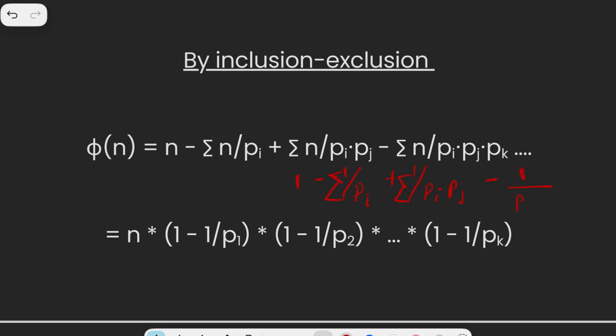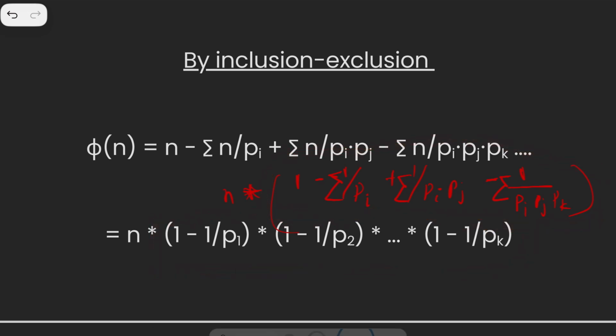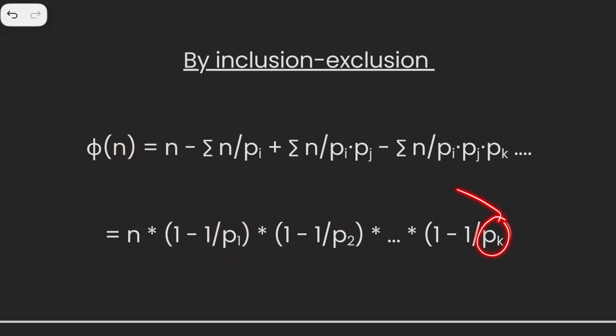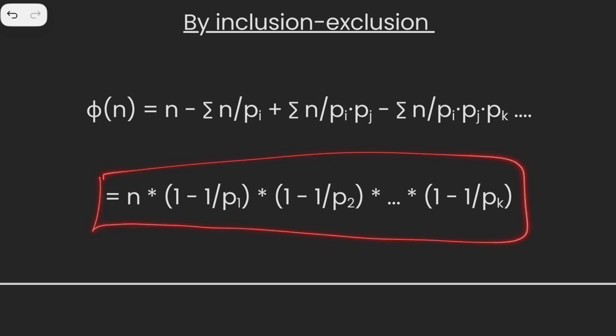Then you have 1 divided by pi, pj, pk, again here summation, something like this, n into, right? You can write this step in this form. This is directly from basics of algebra. So ultimately you have phi of n as n into 1 minus 1 by p1, where p1 is a prime factor of n. Similarly p2 is a prime factor of n till pk, where pk is also a prime factor of n. So by inclusion exclusion we can prove this particular formula.